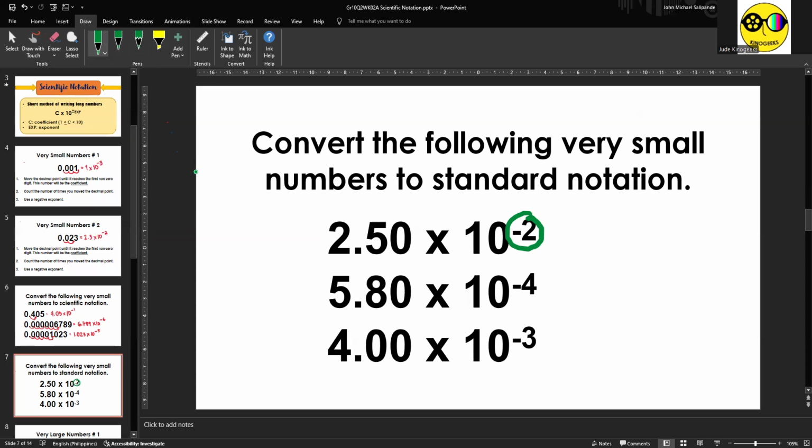But in what direction? Will it be left or will it be right? Because we're dealing with very small numbers, we have to move the decimal point to the left. Okay, so here we go. 1 and then 2. Place the decimal point here. There is a space wherein you have to fill it with 0. So that scientific notation in standard notation is 0.0250.